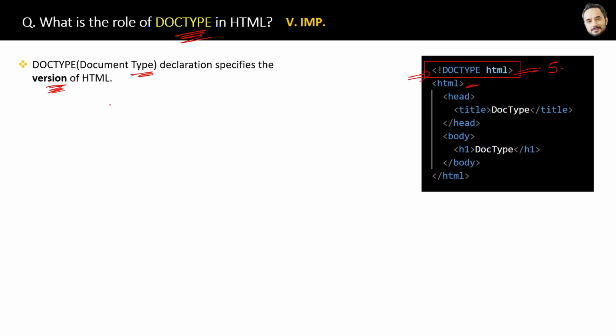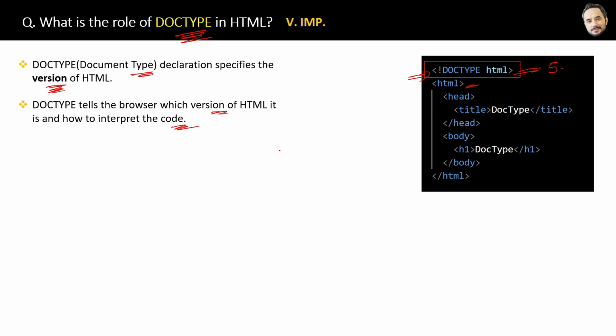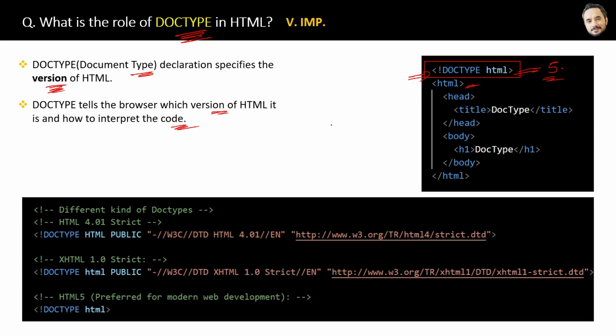Why do we need it? Because doctype tells the browser which version of HTML it is and how to interpret the code. So if the browser knows the version of HTML, then it will behave according to the rules of HTML5 only. We also have some other document types like this. See here, the first doctype line is HTML 4.01, which is basically the old HTML. Then the second kind is XHTML 1.0.